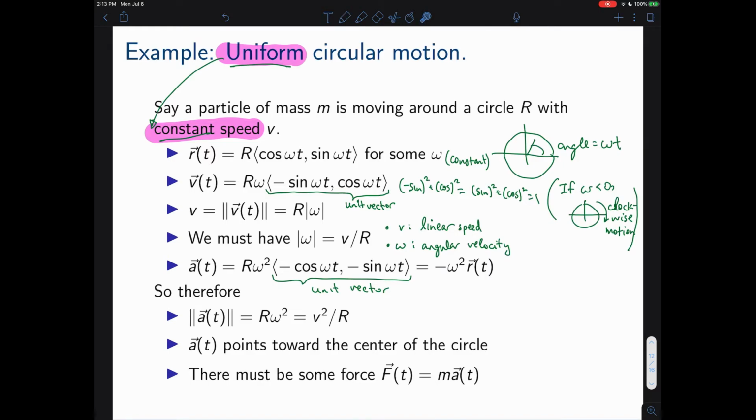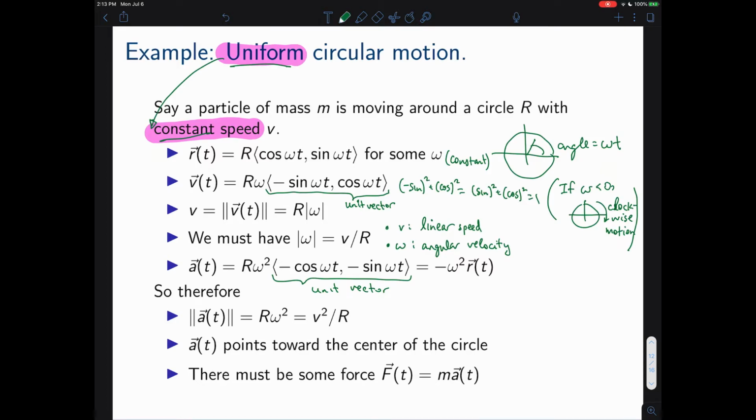So we have a scalar multiple times a unit vector. That means the magnitude is just that scalar, r times omega squared. And another thing to notice is that the acceleration points toward the center of the circle. That's maybe the most important fact.